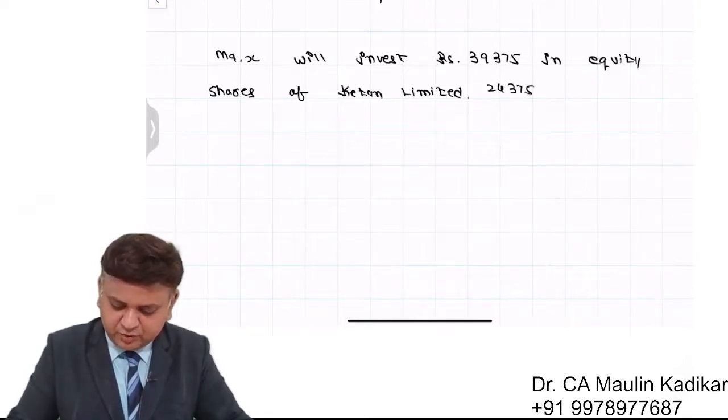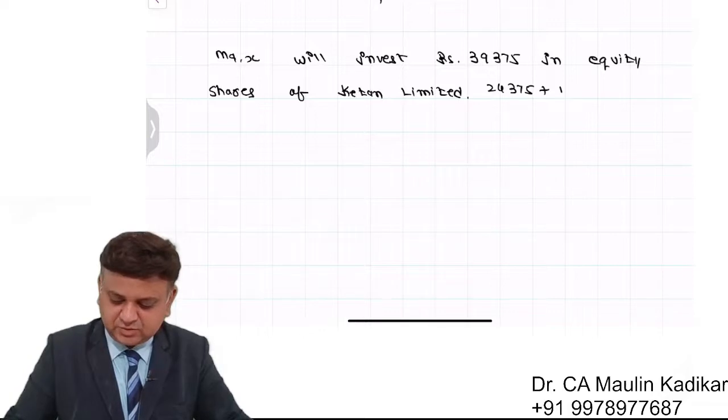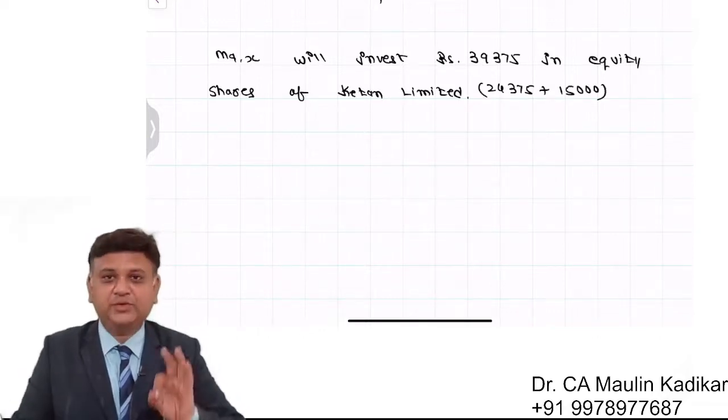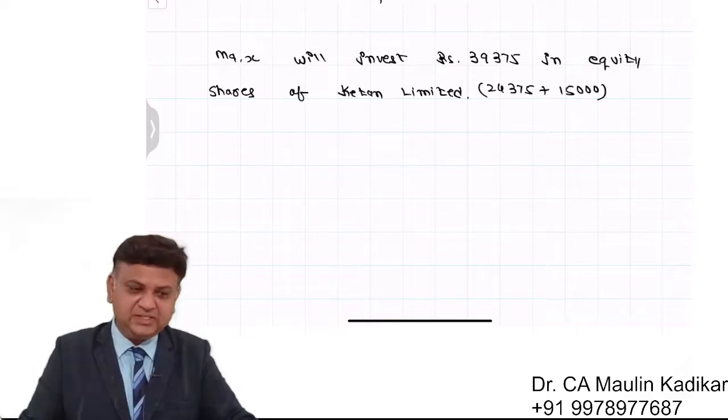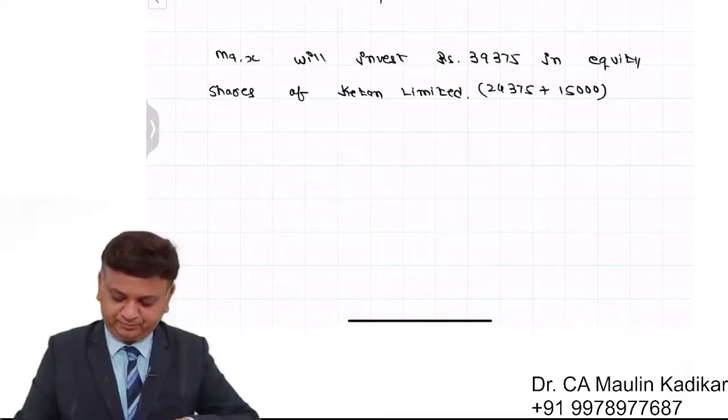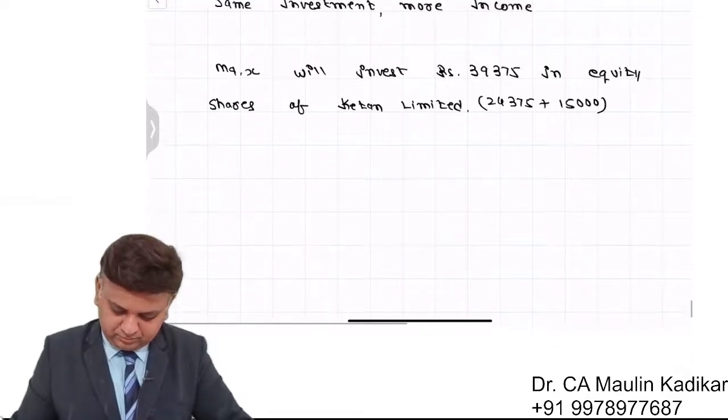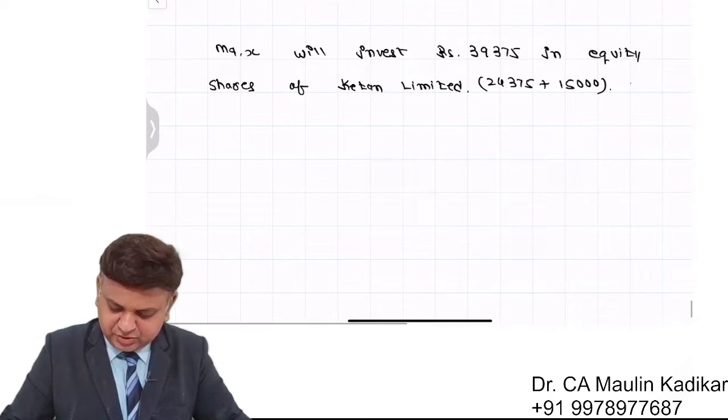It is 24375 plus 15,000. 24375 is the amount realized on sale of the investment, and 15,000 is borrowed. Full stop.